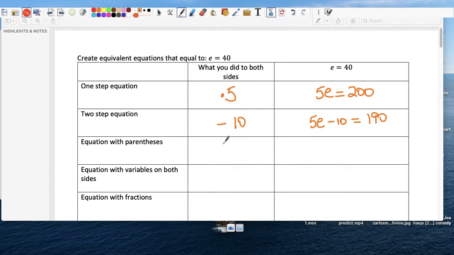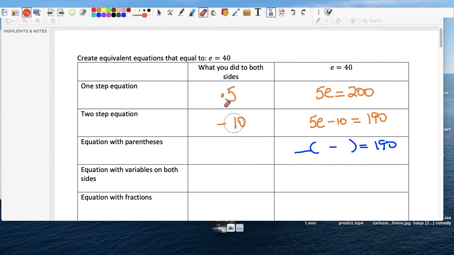Parentheses, right? So I'm going to use a GCF. Or you don't have to use a GCF, but in this case you do actually. I'm going to factor the 5 out and put parentheses like this. What number can we take out between 5 and 10?